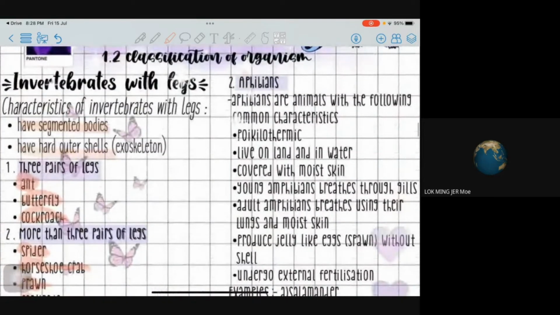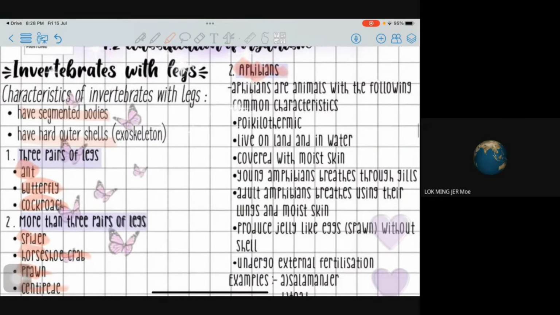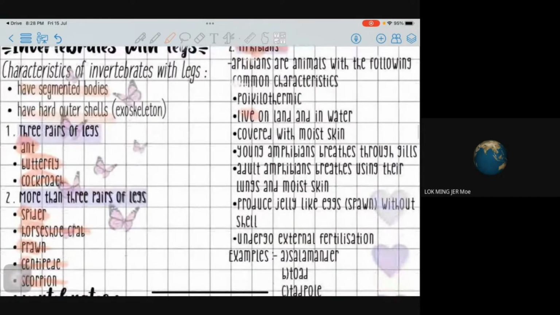Okay, and then amphibians. Can you give me an example of amphibians? The water one. The one that sometimes lives on land. Okay. Amphibians have the following common characteristics: they live on land and in water, covered with moist skin.